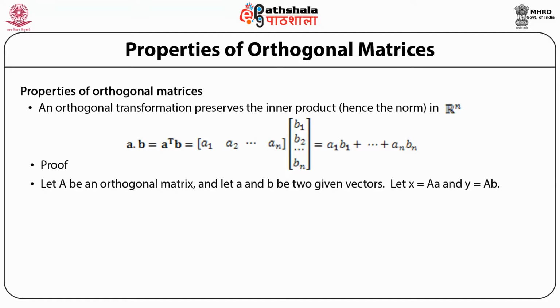Let capital A be an orthogonal matrix and let small a and small b be two given vectors.